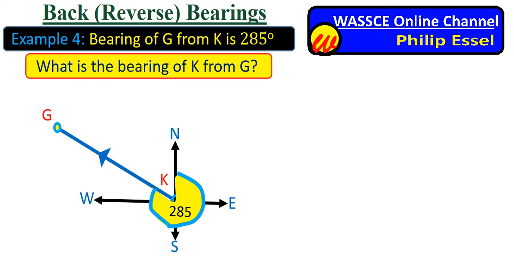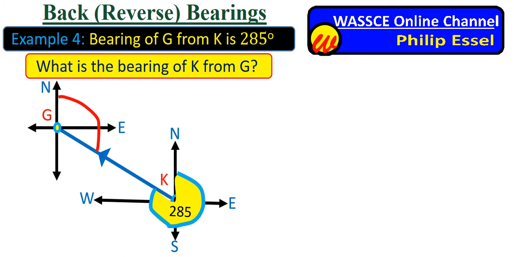To be able to do this, we would first need to draw another cardinal point at the point G. We will then draw our angle from the north pole of the point G to the blue line. So that angle is being represented by the red arc.